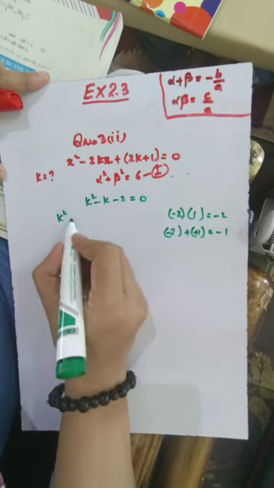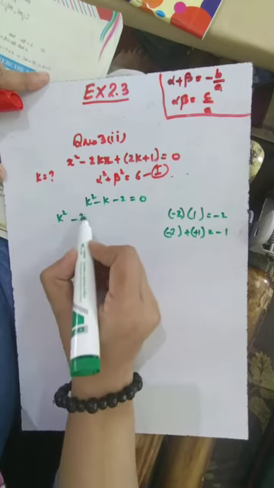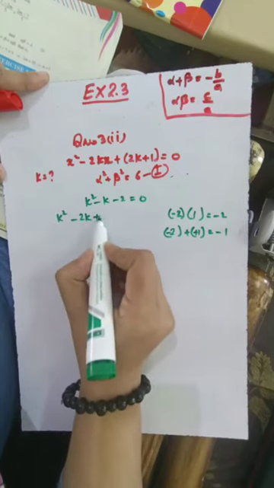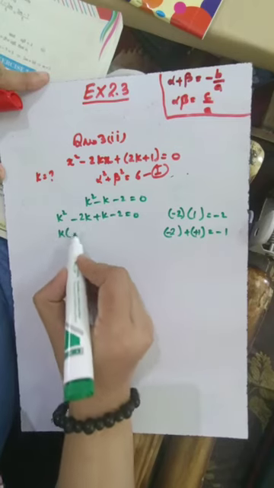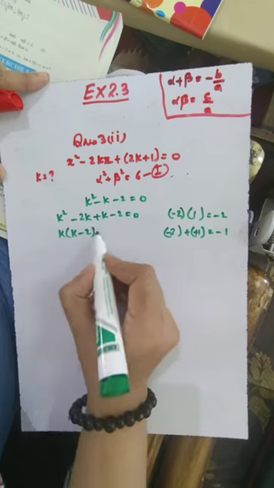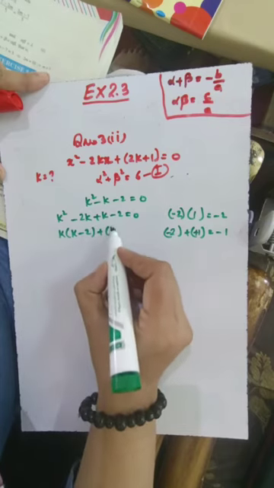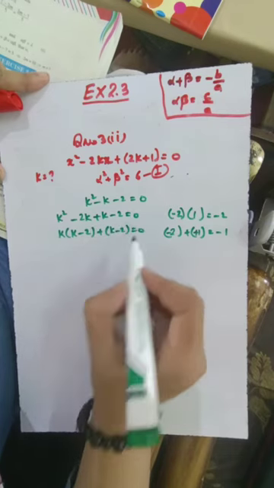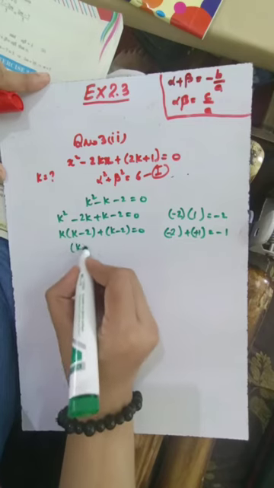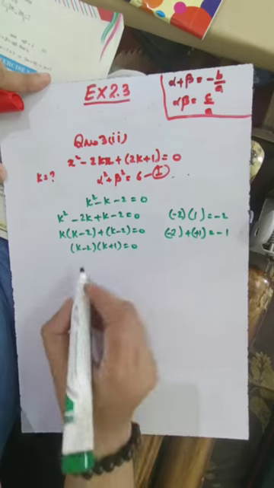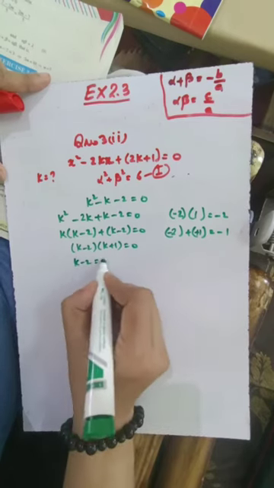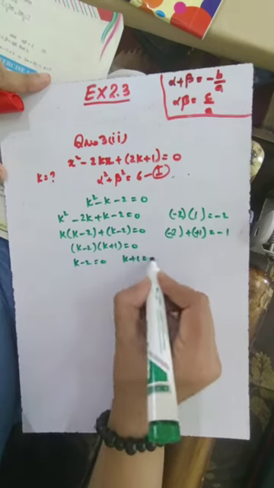So it will be k square minus 2k plus k minus 2 is equal to 0. So taking k common, k minus 2 plus 1 times k minus 2 equals 0. K minus 2, k plus 1 is equal to 0. So either k minus 2 is equal to 0 or k plus 1 is equal to 0.